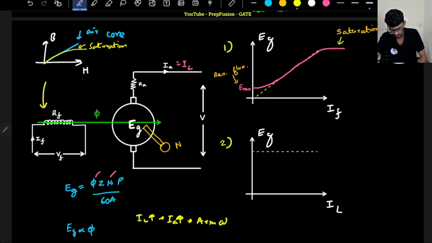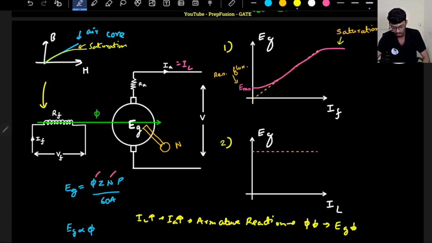Due to armature reaction, the flux gets reduced due to demagnetizing and cross magnetizing effects. Overall flux is reduced because the armature flux opposes the main field flux. So if overall flux reduces, this in turn reduces the Eg.